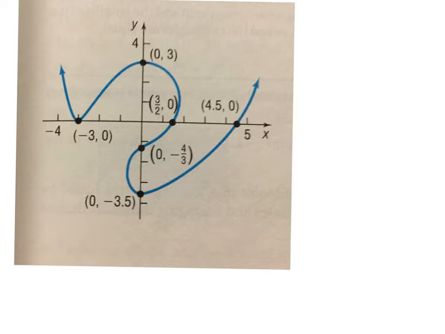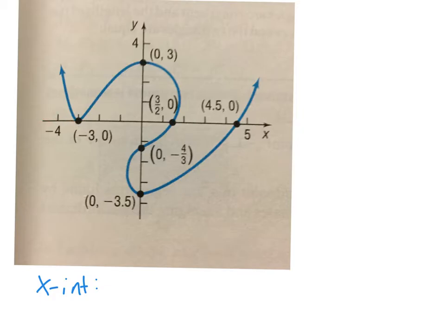Okay, here in this example, we're told to identify all of the x-intercepts and all of the y-intercepts. Okay, so first let's list all of the x-intercepts. That's where we cross the x-axis. So I always like to start on the left side and work my way right. So starting over here, what's the first time the graph crosses or touches the x-axis?